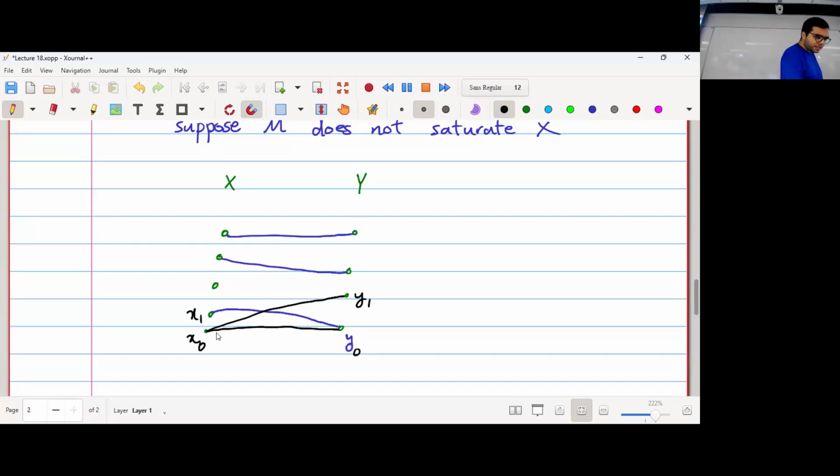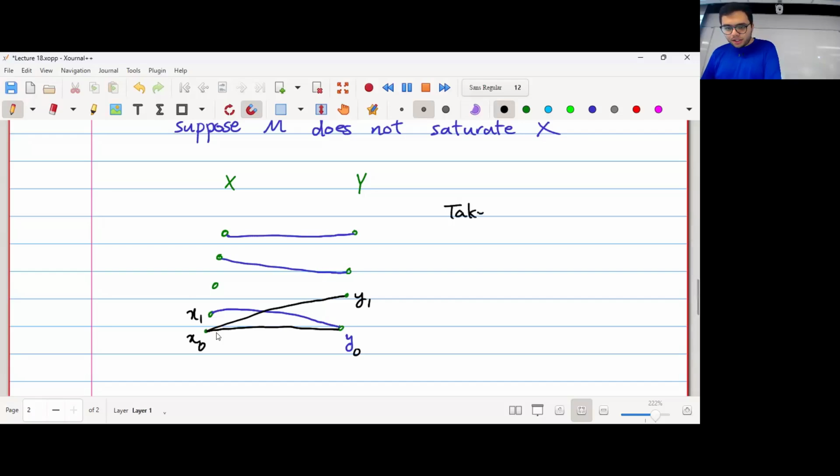So this is the basic idea, but let's formalize this and say exactly what I'm creating here. I'm basically looking at all the alternating paths that start at x0. So, consider x0, which was not matched to anything.